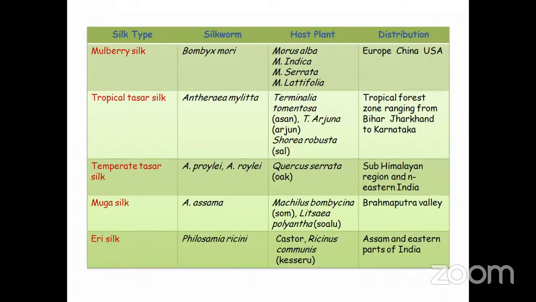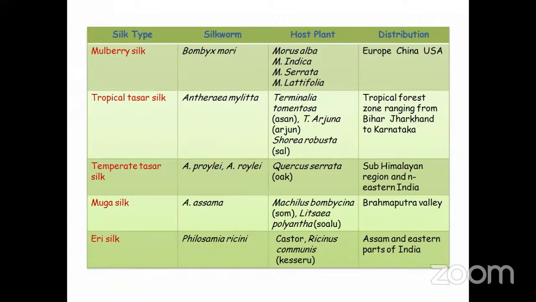northeastern India. Then the next one is the Muga silk, whose scientific name is Antheraea assamensis. The host plants for Antheraea assamensis are Som and Soalu, and mostly they are distributed in the Brahmaputra Valley.